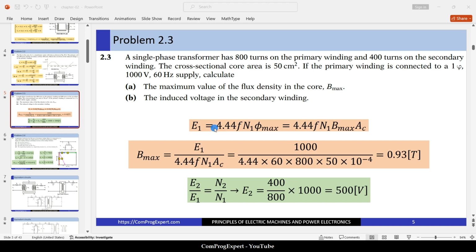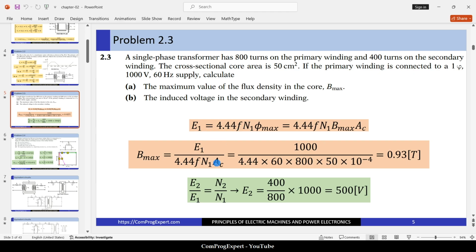So here again we can use this important equation. The RMS value of the induced voltage in the primary coil is this one. We have the frequency and we have the number of turns.